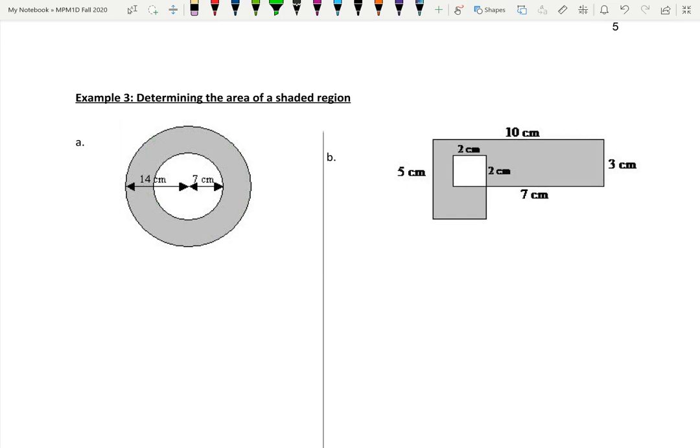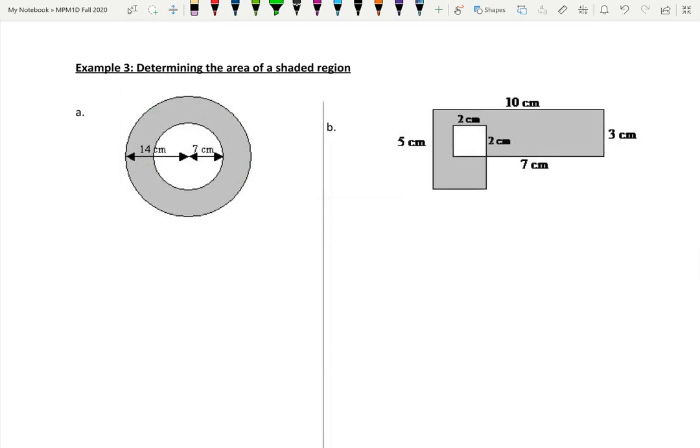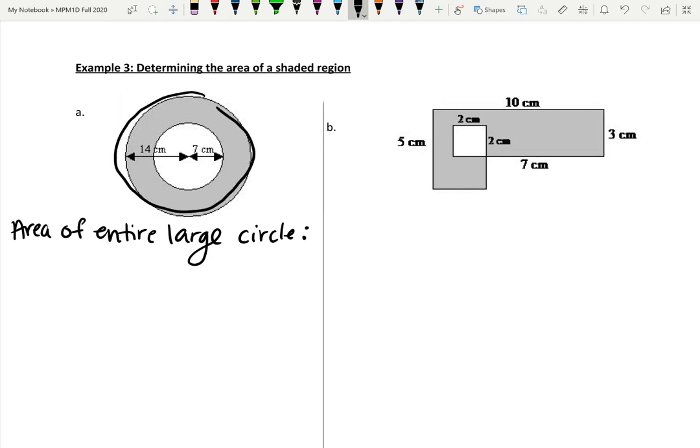Let's practice. So I'm going to find the area of the entire large circle. Okay, the area of this whole thing, the entire thing, that's what I'm looking for. So area of a circle is equal to pi r squared.